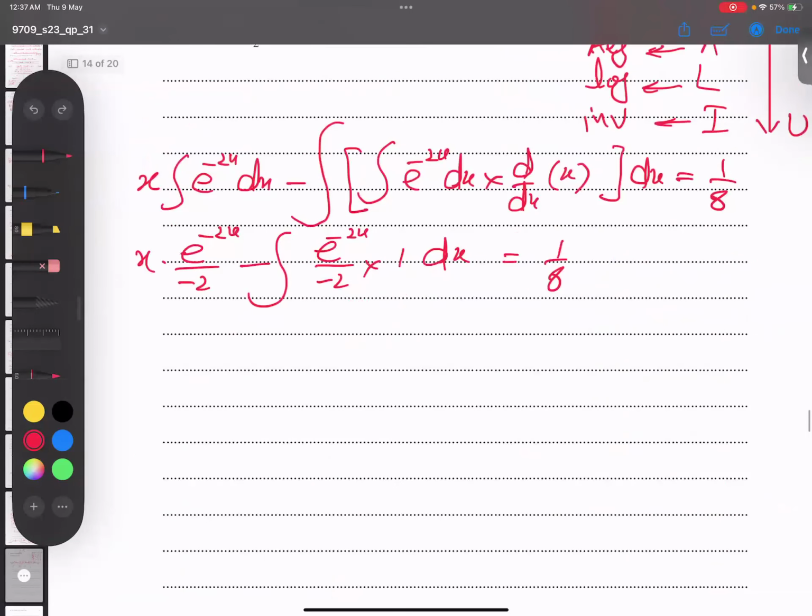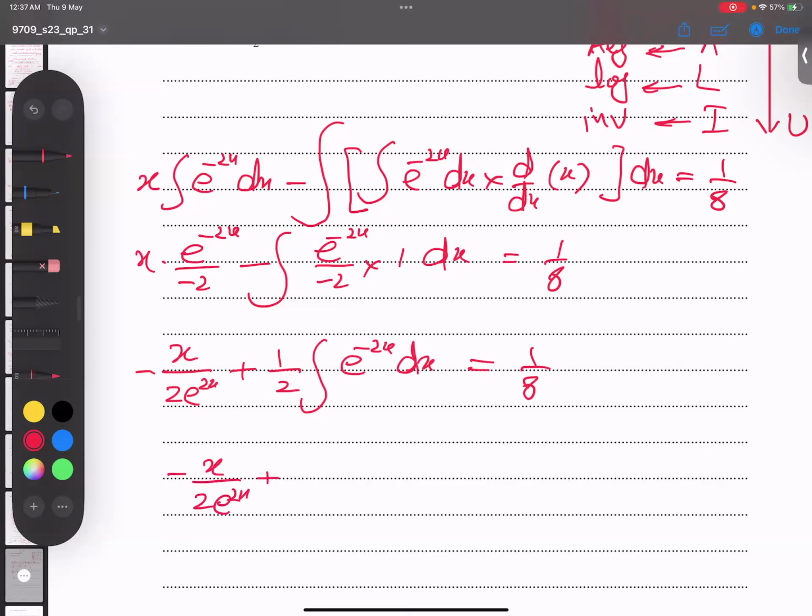I will use it, but the end x over 2 e to power 2x, and negative in the middle. And negative plus, I bring this half outside. Inside I have e to power -2x dx equals 1/8. Now students, this is coming negative x over 2 e to power 2x plus 1/2.